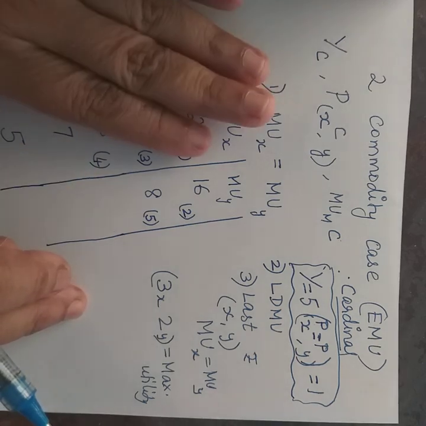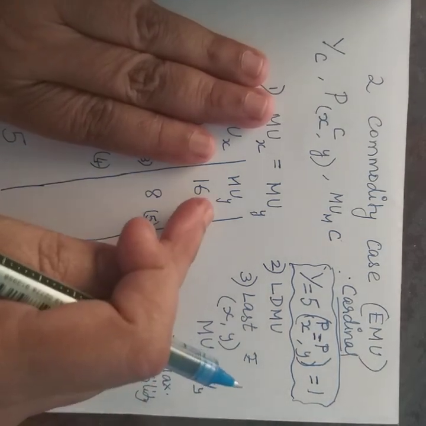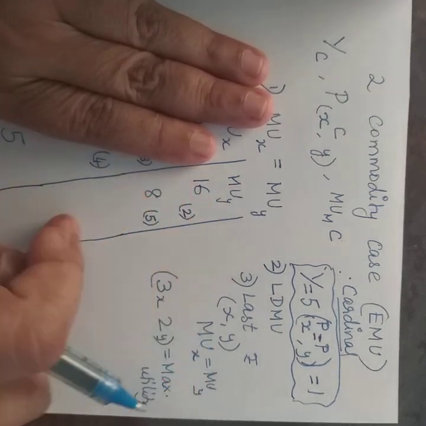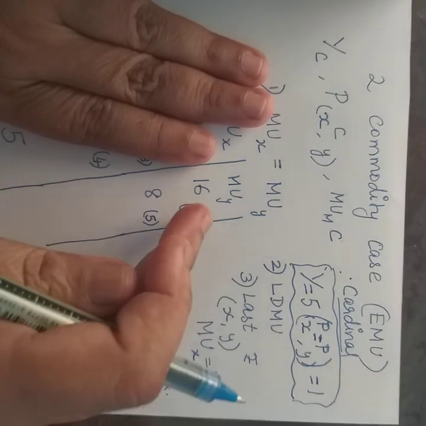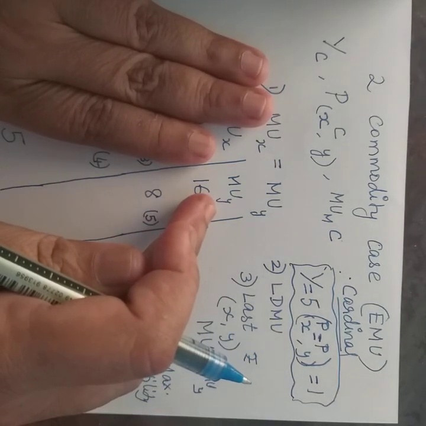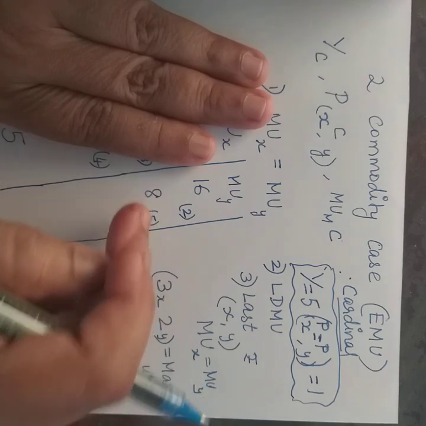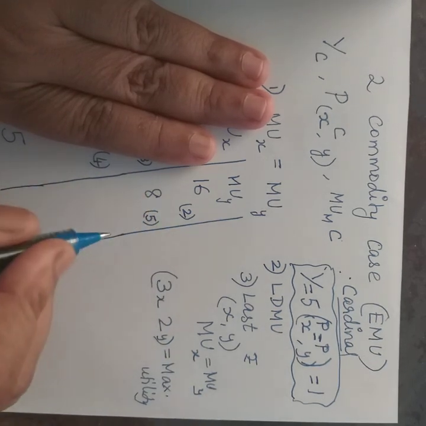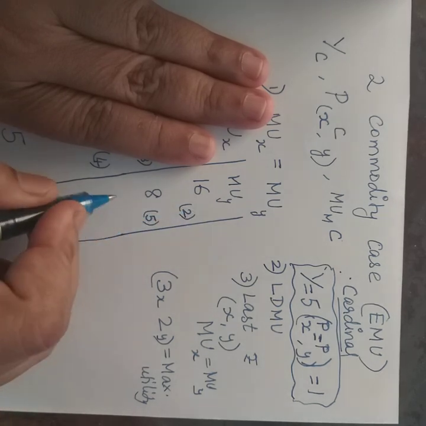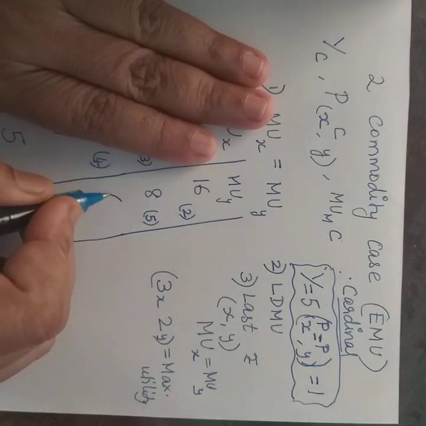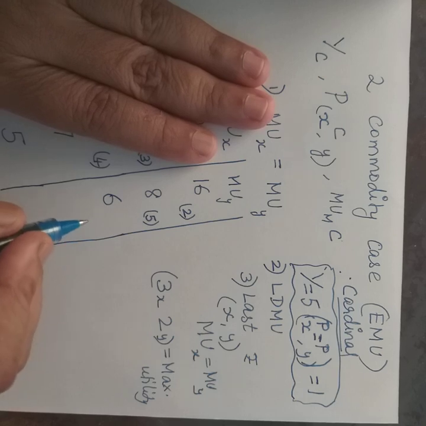Now the other extreme is the consumer is going to spend the entire income on the purchase of Y. So first rupee spent gives 16, second rupee gives 8, and then the third rupee, if it is going to be spent on Y, then that could be giving 6 utils, right?